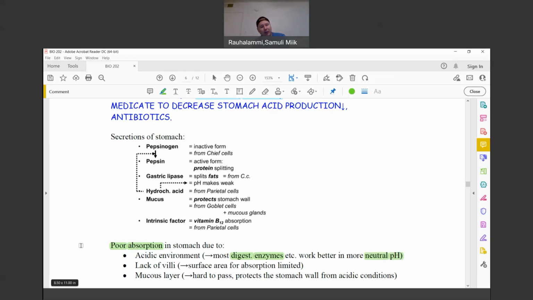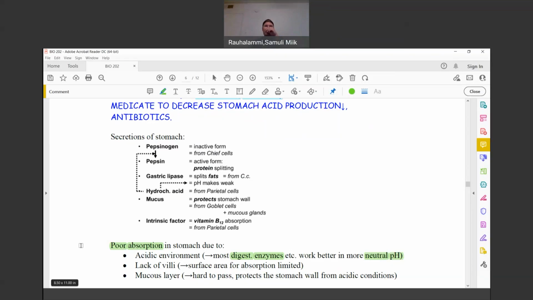Really, most of these enzymes start working only in the small intestines, once we have left the stomach and the pancreatic juice secretion from the pancreas has neutralized some of that acidity, and that's when the enzymes start working hard. So that's the first reason why we do not see a lot of absorption happening in the stomach. It's just too acidic.